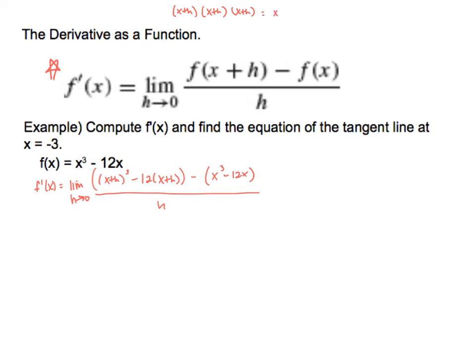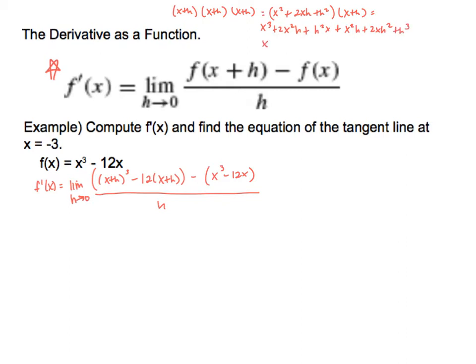Okay, so when you FOIL the first two, you have x squared plus 2xh plus an h squared. And then you still have another x plus h to multiply through. So then you're going to have an x cubed plus 2x squared h plus h squared x plus an x squared h plus a 2xh squared plus an h cubed.